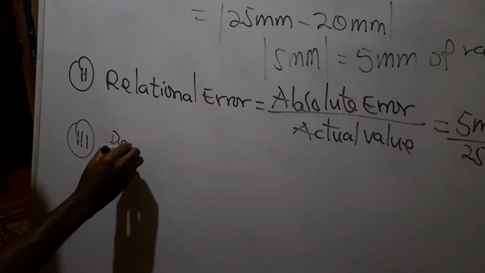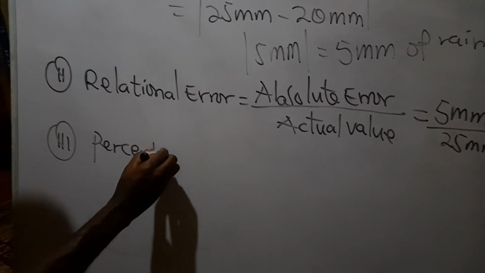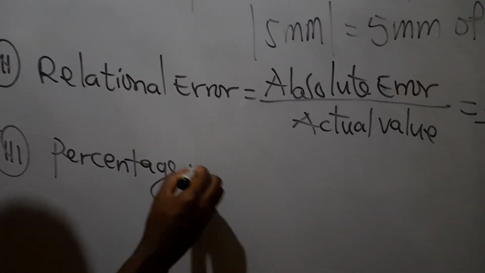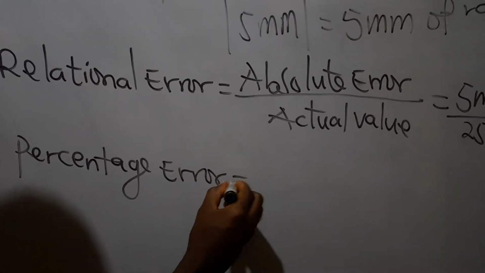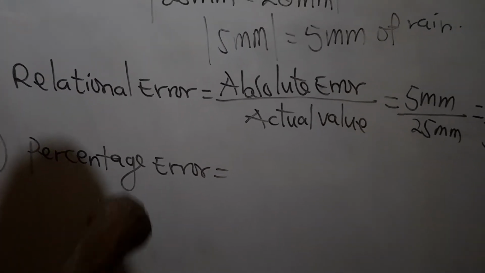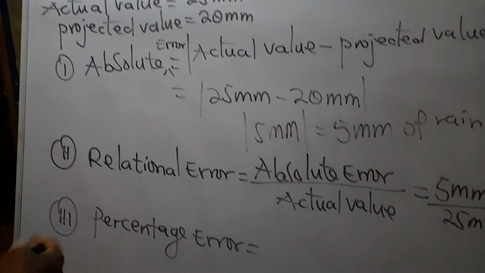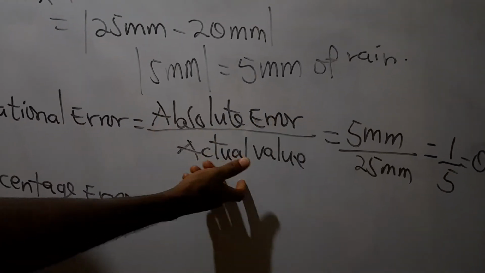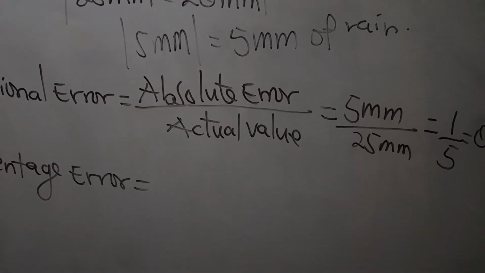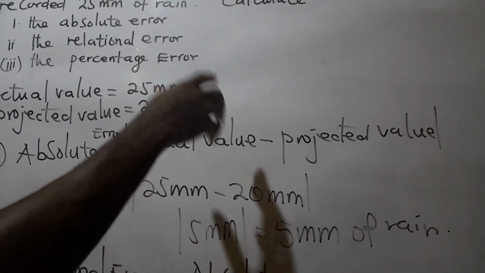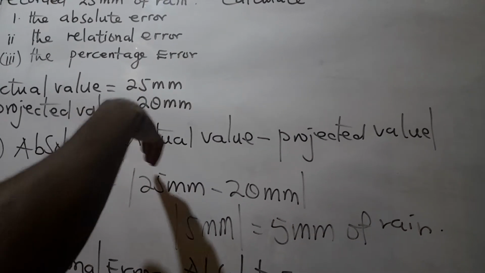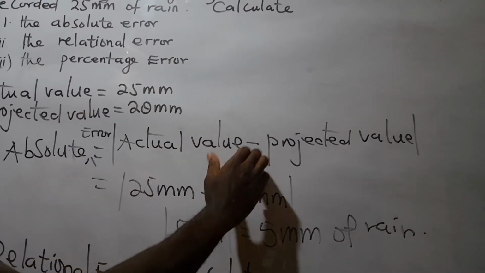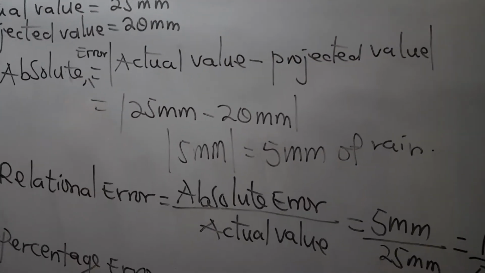So our percentage error, remember, is equal to relational error times 100%, or the absolute error over actual value times 100%, or the absolute value of actual value minus the projected value, the same thing.